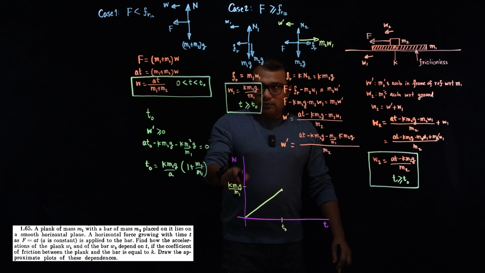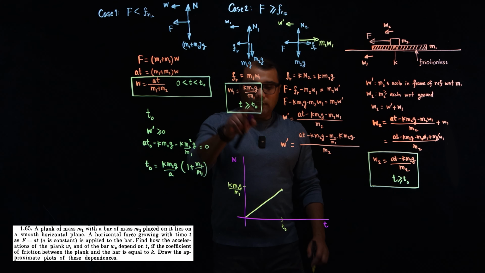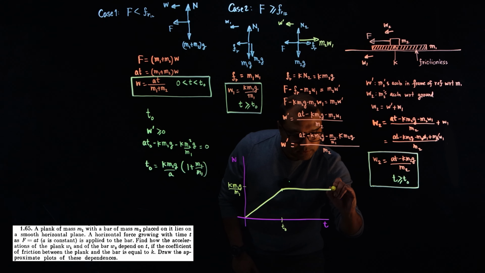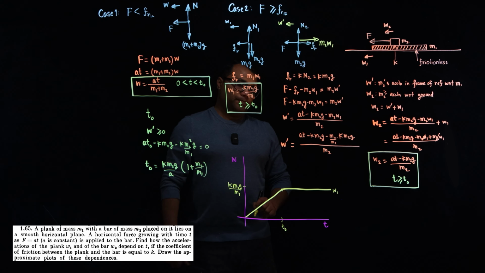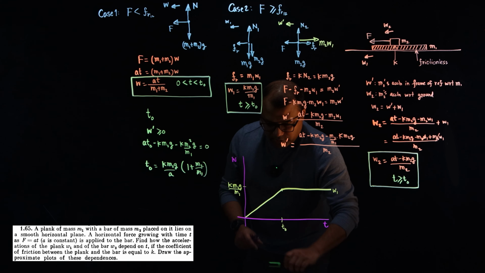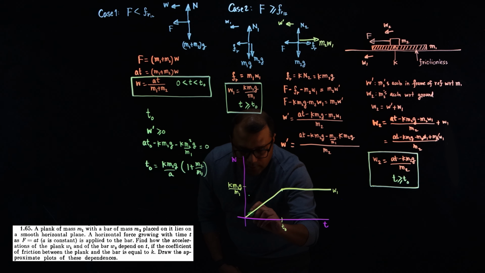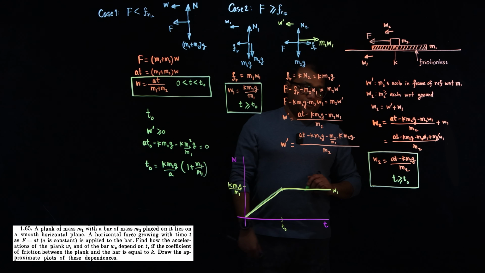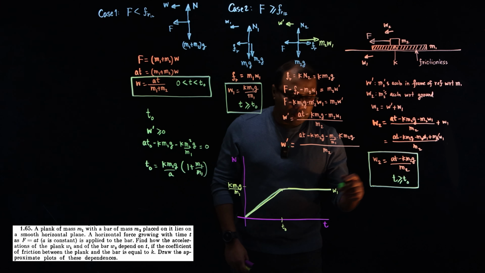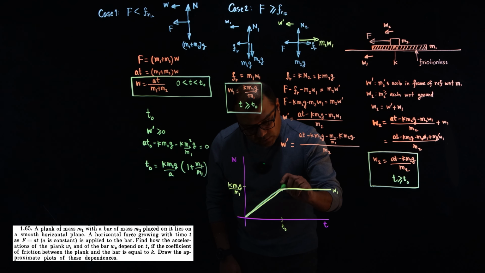After T0, W1's acceleration will be like this, a straight line. So this is W1's curve. How about W2's curve? W2's curve is the same as this up until T0. Let me overwrite this a little bit. It's the same curve. After time T0, W2's curve will be somewhat like this.